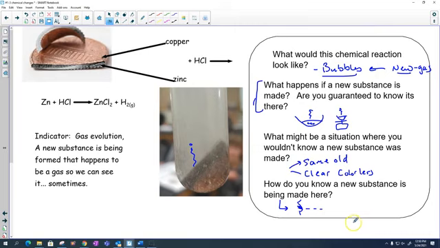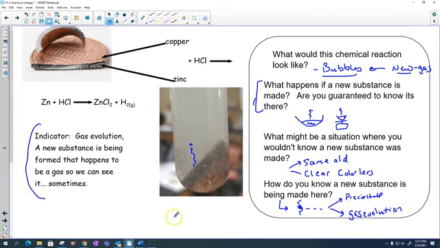Now again, these are indicators that we have seen so far. So we've seen two of them. One is a new solid, which is a precipitate. And the other one is going to be gas evolution. This is one of 4 different indicators. Now, what's an indicator? An indicator is something that indicates an idea, like it's leaning one way.